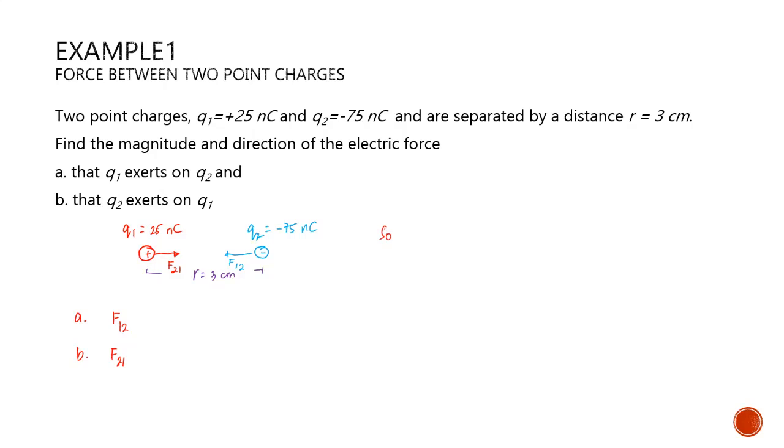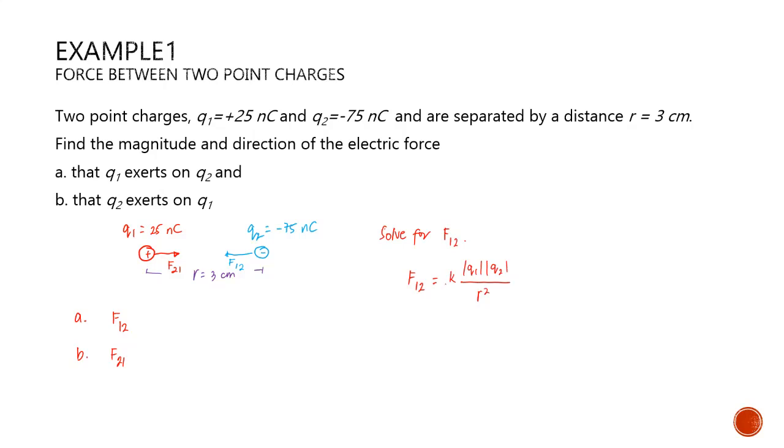So solve for F sub 1, 2, which is again just equal to F sub 2, 1. So it's K or K sub E, or just write K, times absolute value of Q1 times absolute value of Q2, then over R squared.